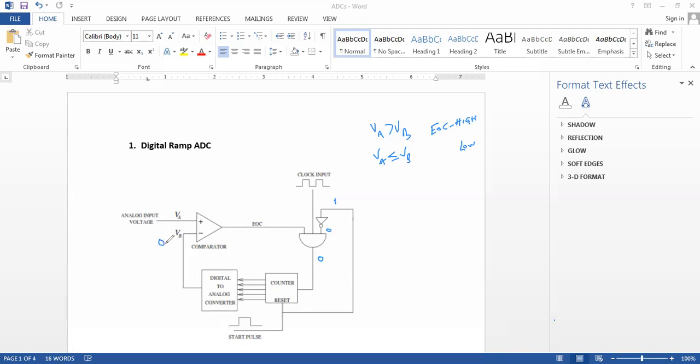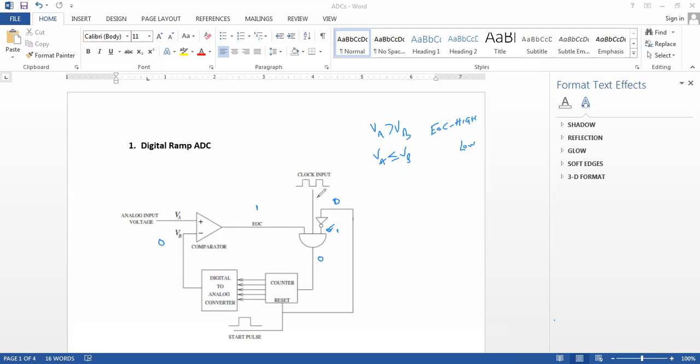VA is greater than 0 since VA is the analog signal to be converted into digital form. At that point, our EOC is 1. When the start pulse is cleared, it is a 0, then the input of the NOT gate will be a 0, and its output will now be a 1.